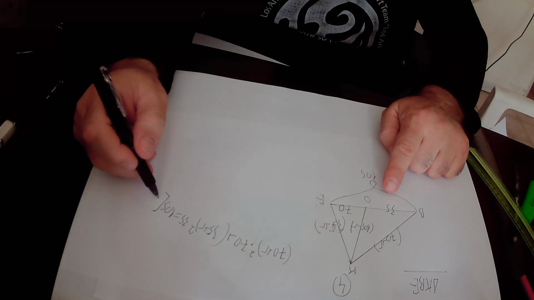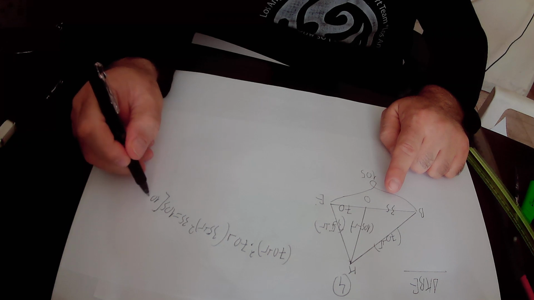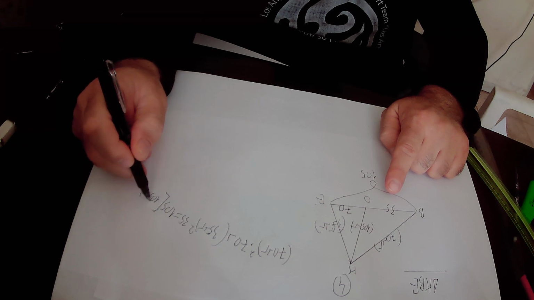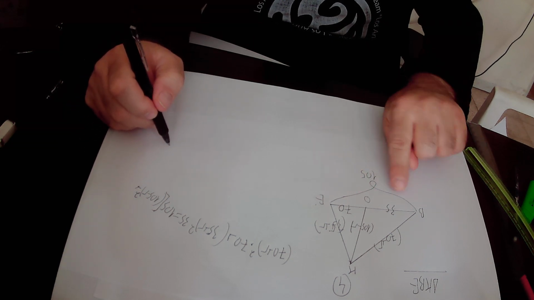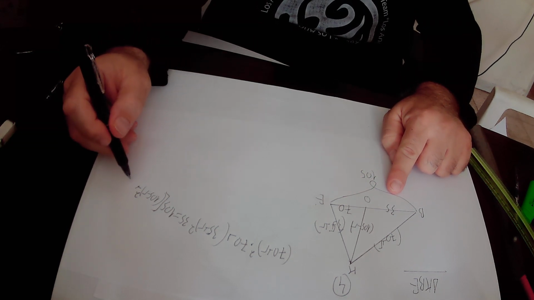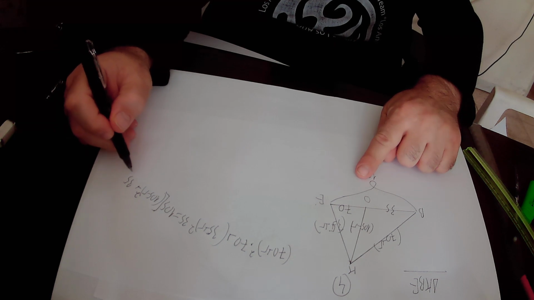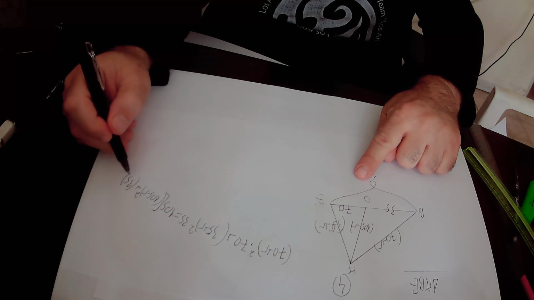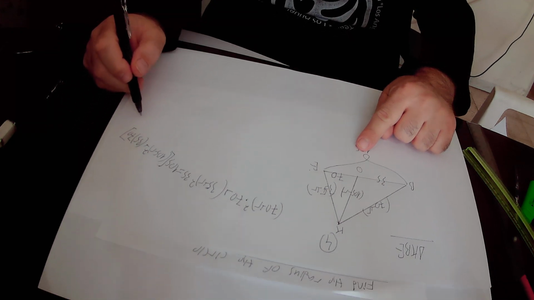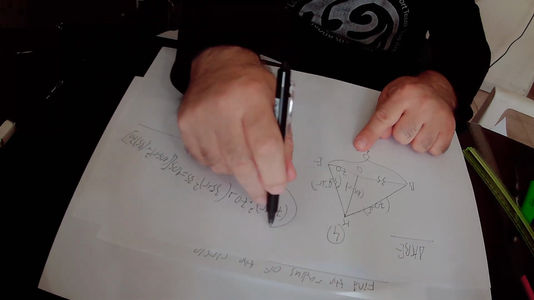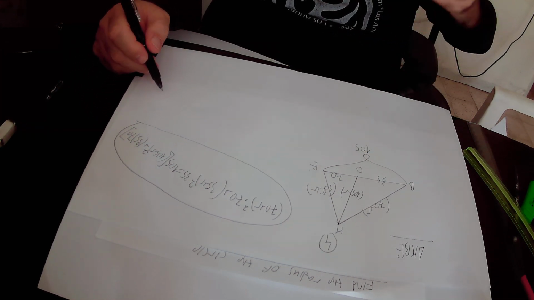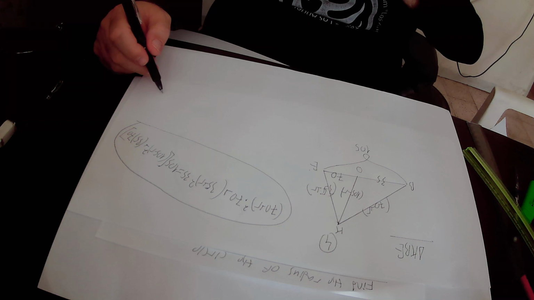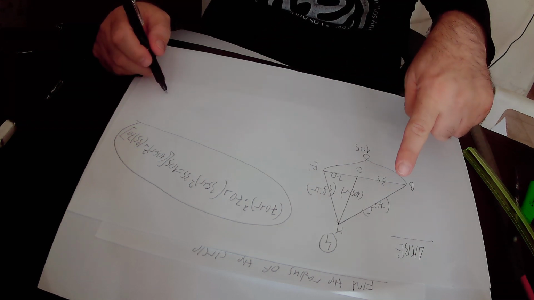KO is 105 minus R, therefore KO square is 105 minus R square plus BO times OE. BO is 35 and OE is 70, so it is 35 times 70. So actually this equation is the implementation of Stewart's theorem in our triangle KBE.